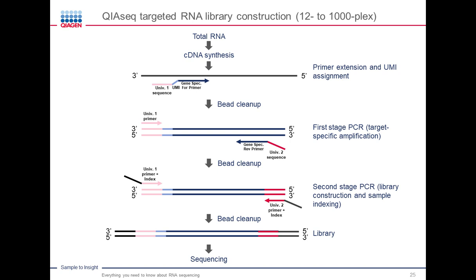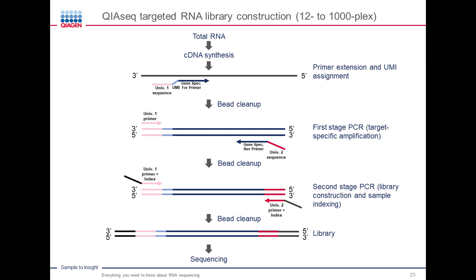This is a typical workflow that can be performed with targeted RNA library prep. You start with your total RNA, and then you perform cDNA synthesis, just a standard RT reaction. In step 1, you perform a primer extension and UMI assignment. Basically, you have a gene-specific forward primer with a unique molecular index. Following a cleanup, you then perform a first stage PCR.